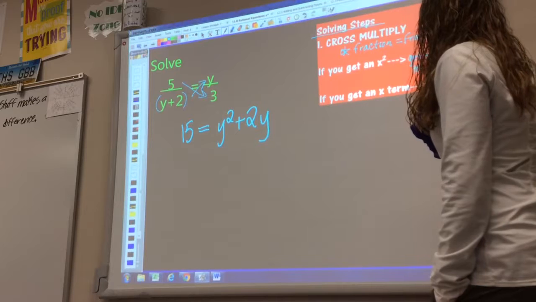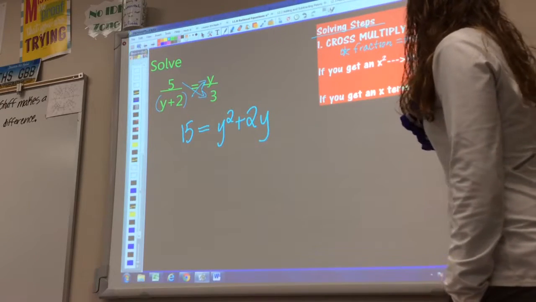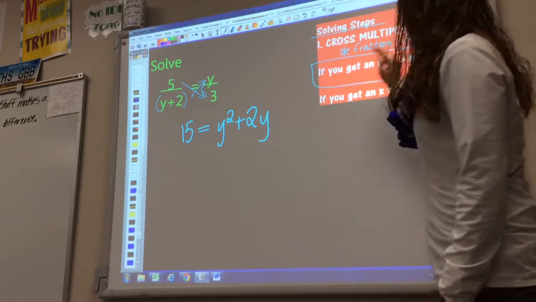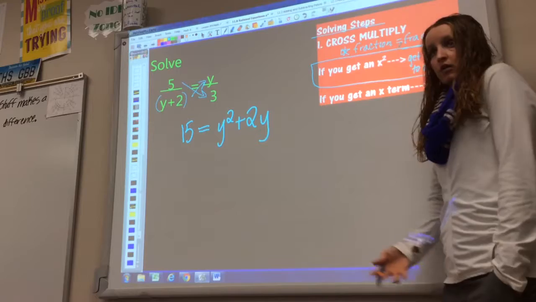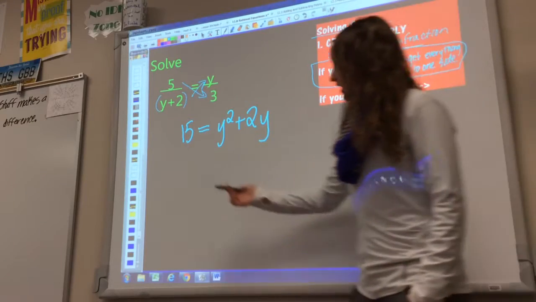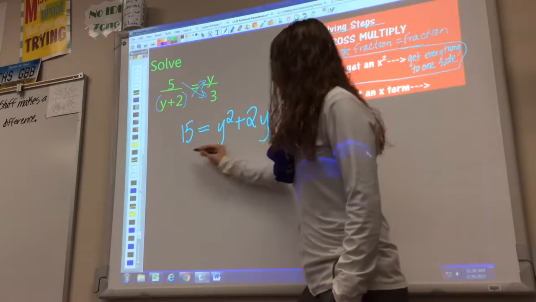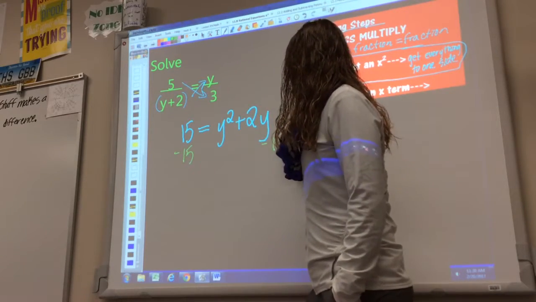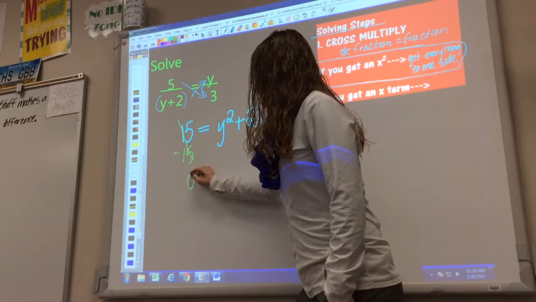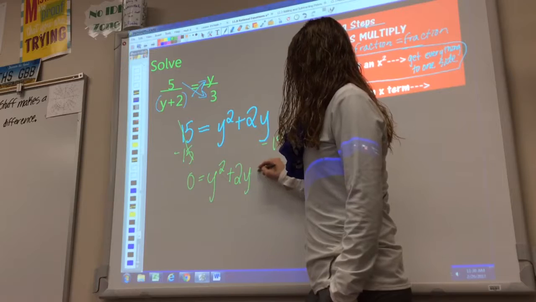Get everything to one side, because this is where we're at right now. When we get a term squared, some of you don't know what to do. Well, I'm trying to help you out today. Let's get everything to one side. Well, the easiest thing to do would be minus 15. Yeah. So let's subtract 15. And so we're going to get 0 equals, and just try to stay with one step at a time, please.